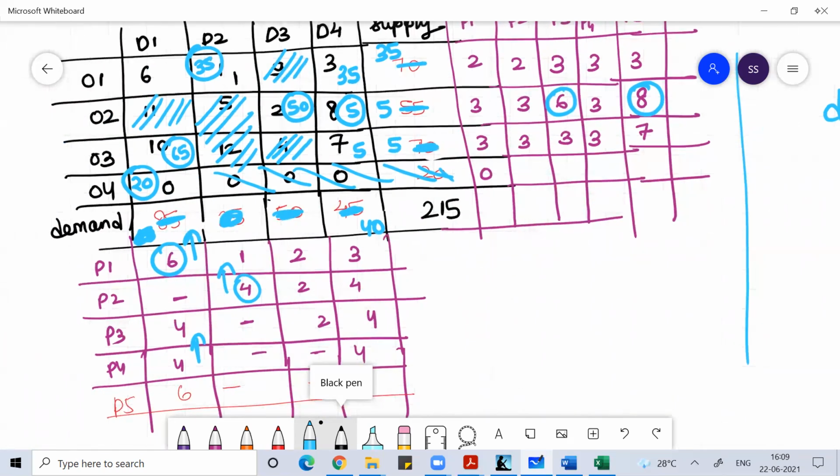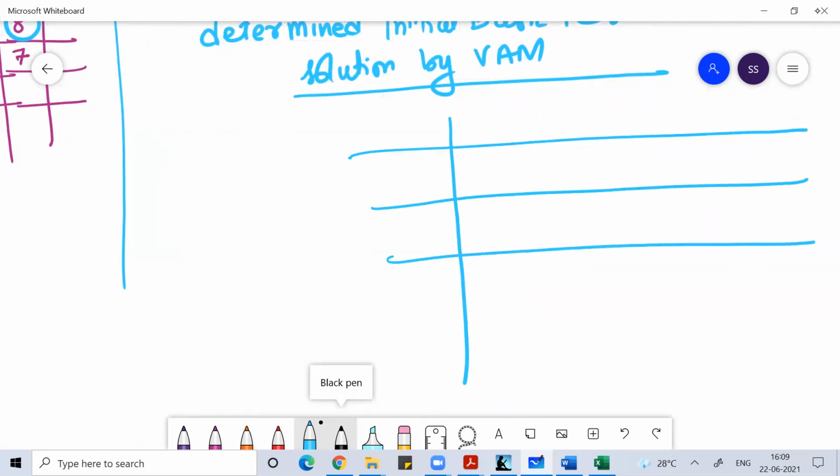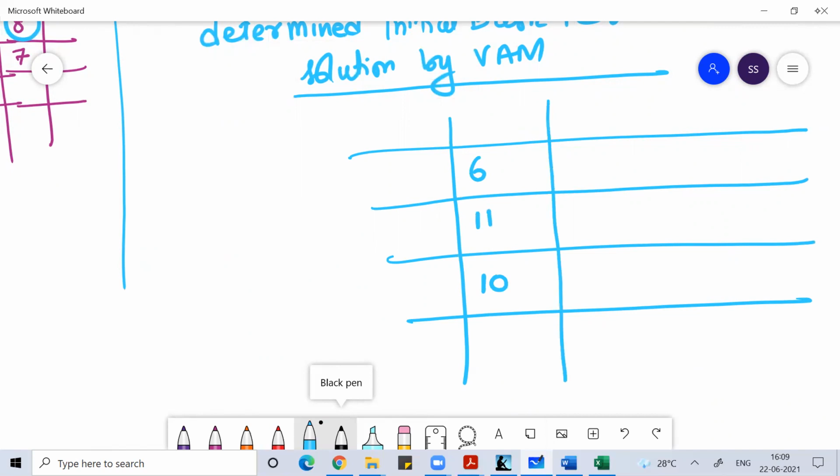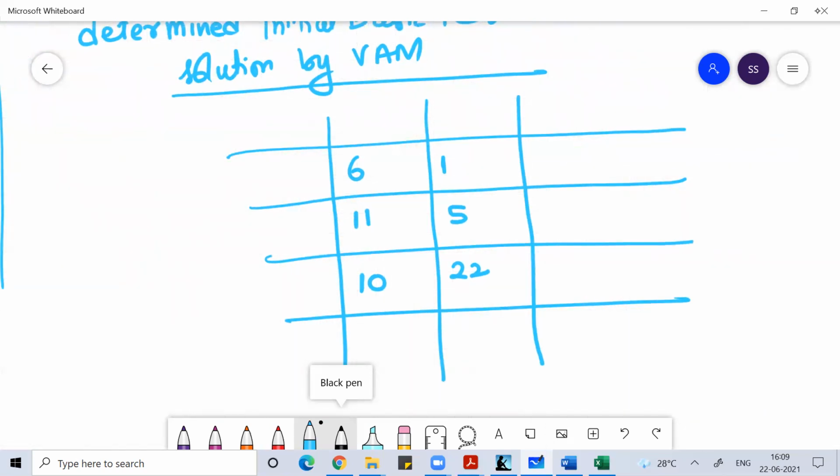So the solution we got for this was 6, 11, and then 10. Then this is 1, 5, 22. Then 9, 2, 4.